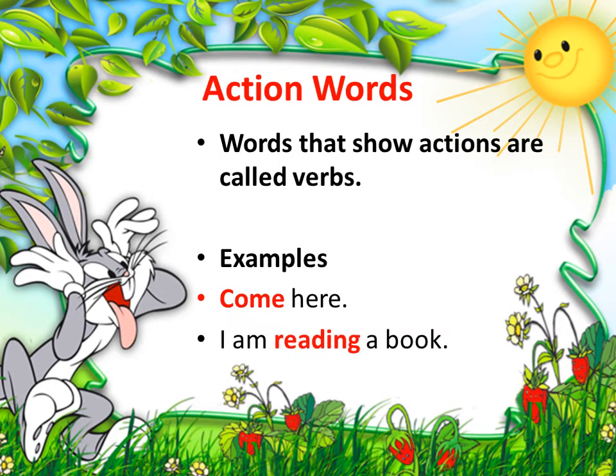I am reading a book. Here in this sentence, the word reading is presenting an action, so it is also a verb. So the words that show actions are called verbs.